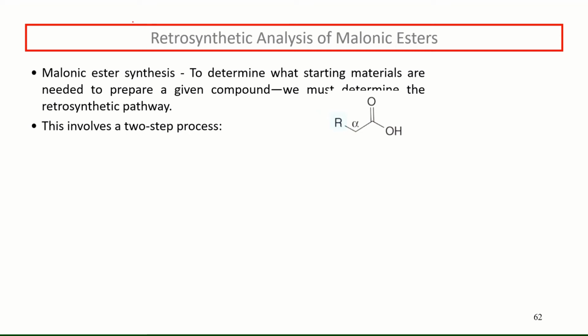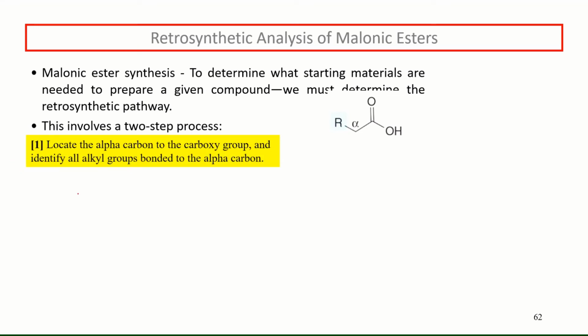You've got an acid, and you have to determine what pathway you took from the malonic ester to give you said acid. So you immediately identify the alpha carbon of said acid, and then of course realize that it is a 2-step process.